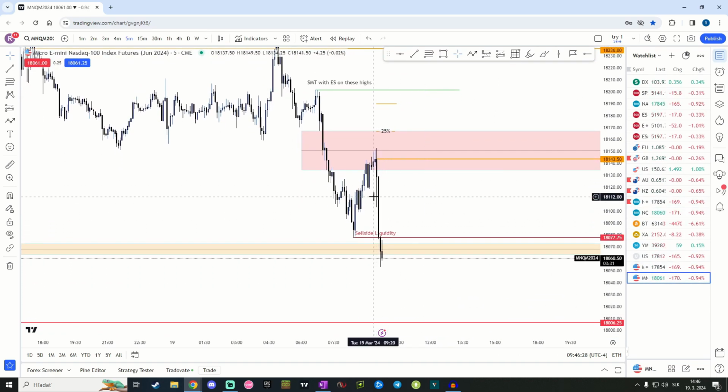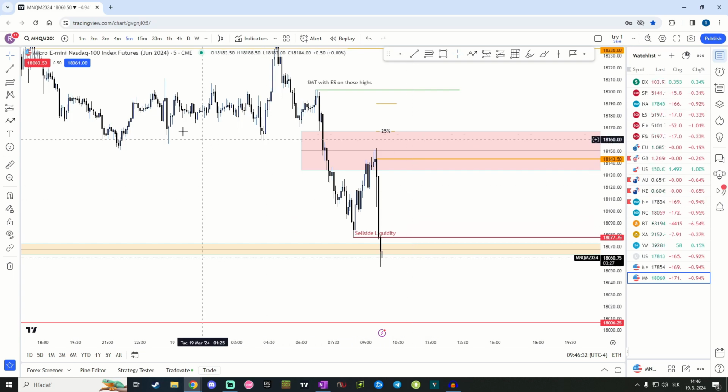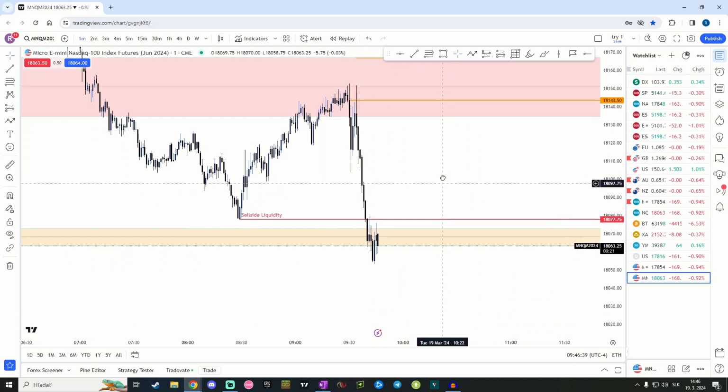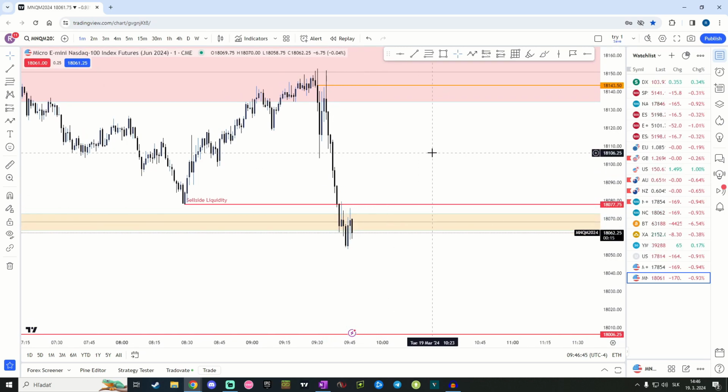But the NQ is much, much lower. So this was the high on ES, which has been swept. Now it's starting to slow down around the new week opening gap.